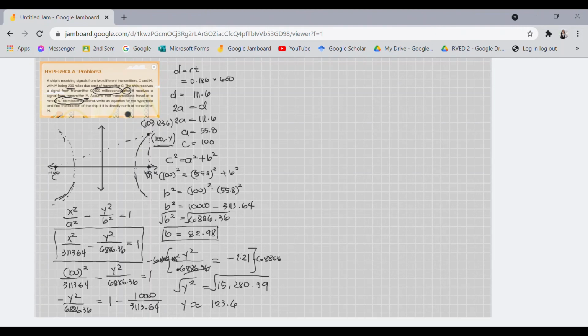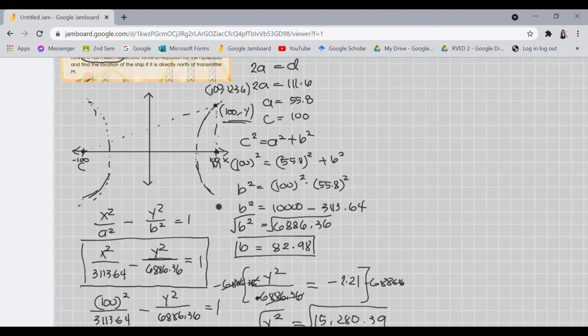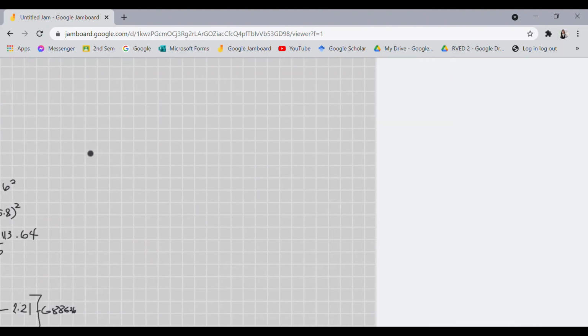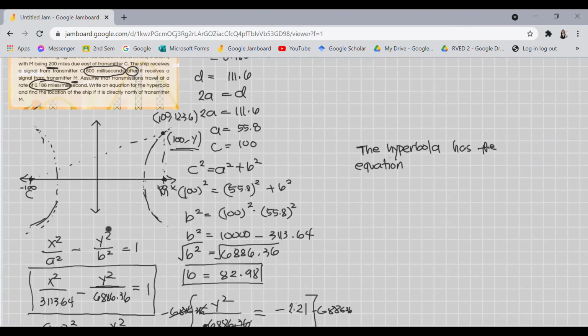So, to answer the problem, we write here the equation, the hyperbola, has the equation, isulat natin to.